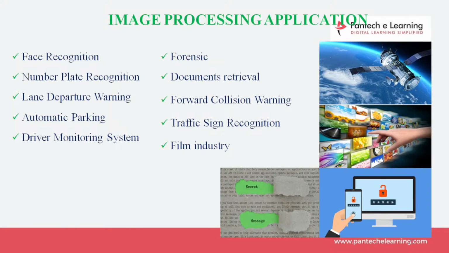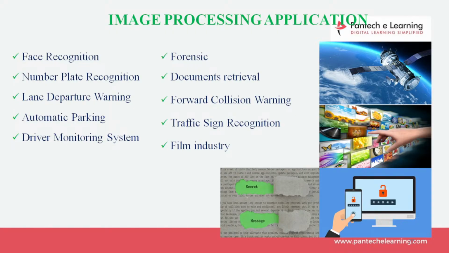Next, lane departure warning: you can see the lanes, right? In some vehicles, if you are crossing the lane, it will give a red alert. Lane tracking is used for that, and you get it because of image processing with AI along with deep learning.